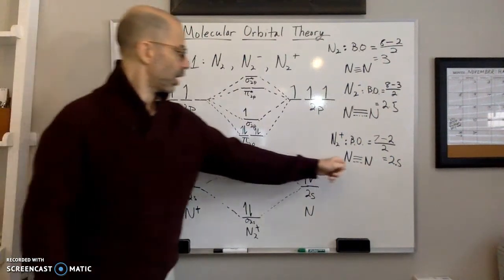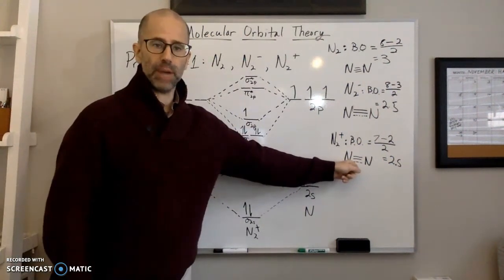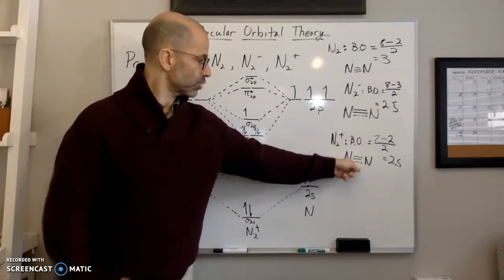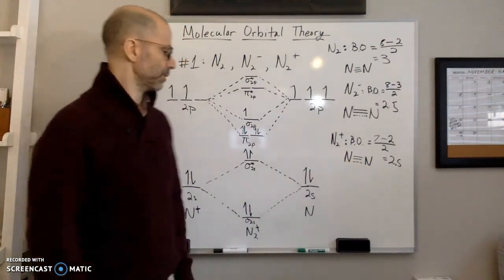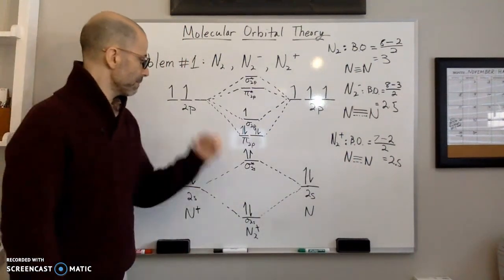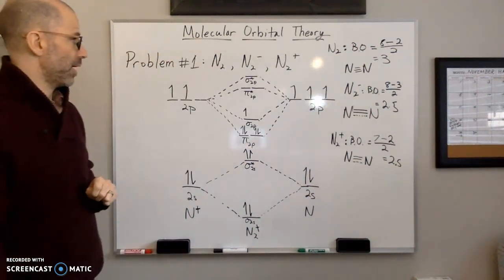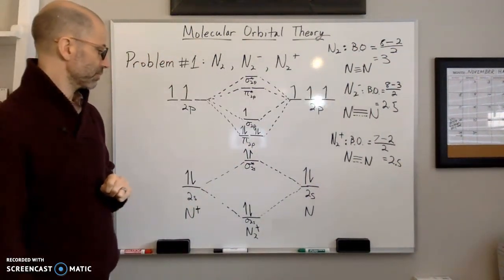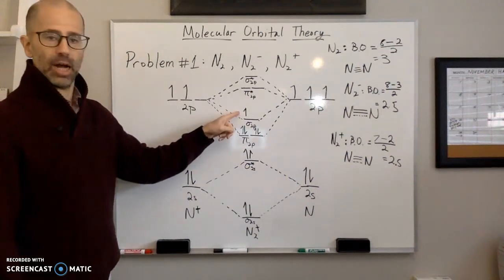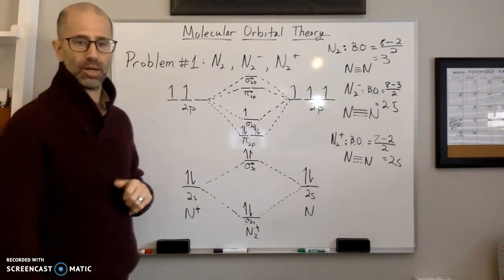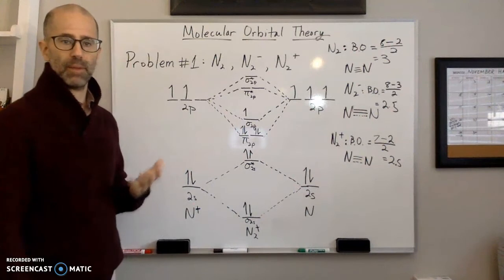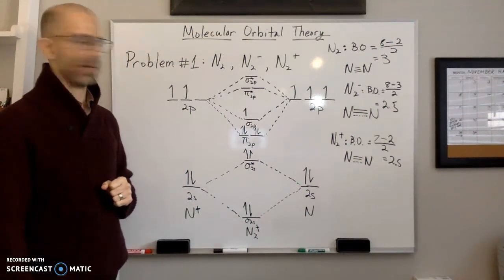So again, we're going to have a weaker bond. Lower bond order means weaker bond, longer bond, compared to neutral nitrogen, N2. And again, we have an unpaired electron, so we're going to have magnetic properties because it's paramagnetic.